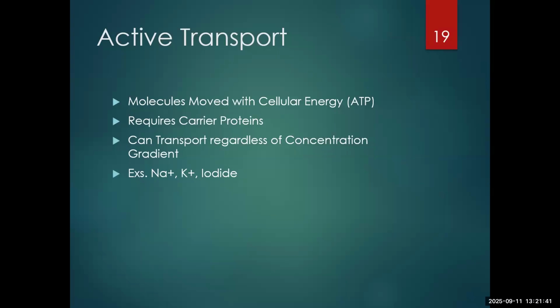An example that I use for diffusion is the movement of oxygen and carbon dioxide across the membrane of the teeny little cells. This is representing an air sac in the lungs.